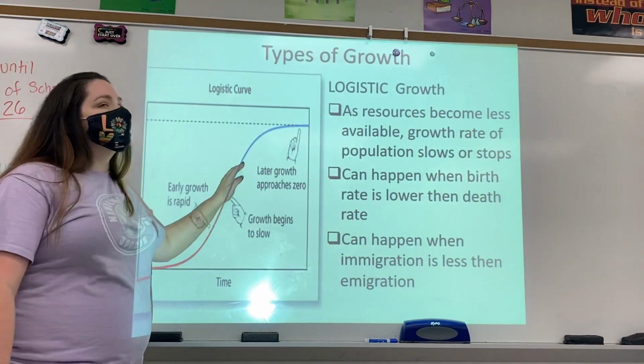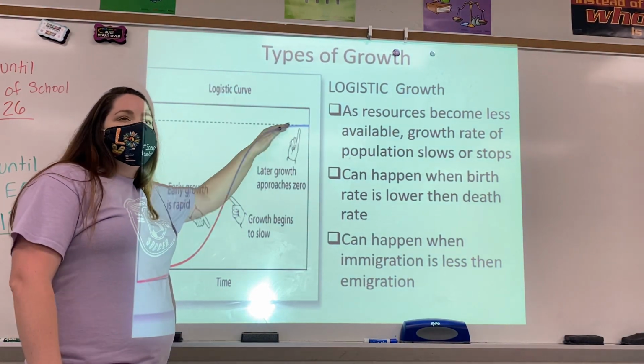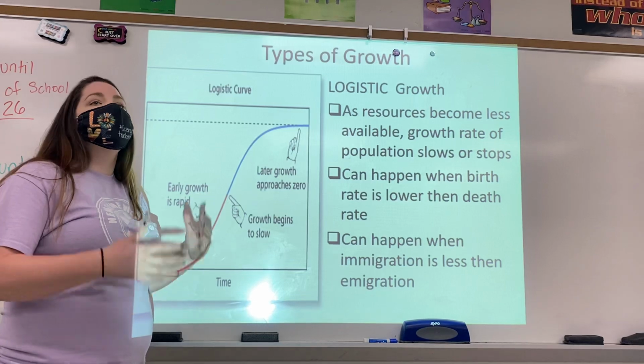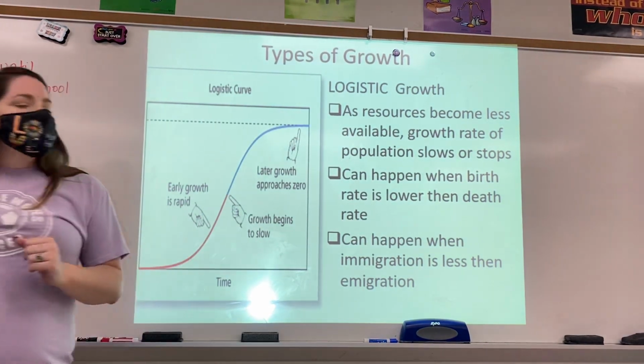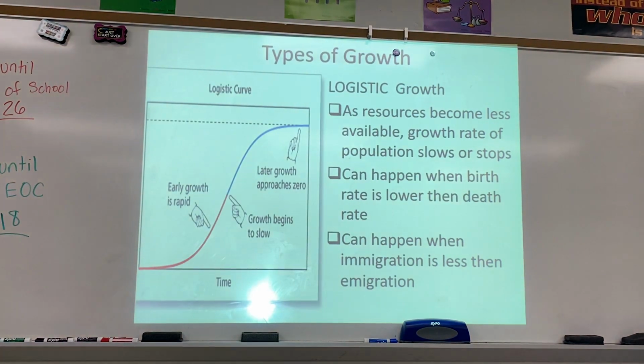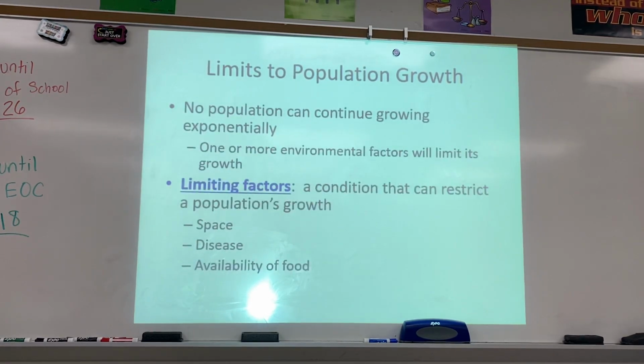You have an increase until your environment starts to not be able to provide for all the individuals in it. Okay? So that's what you see more often in wild situations, wild populations. All right. So again, you have limiting factors.